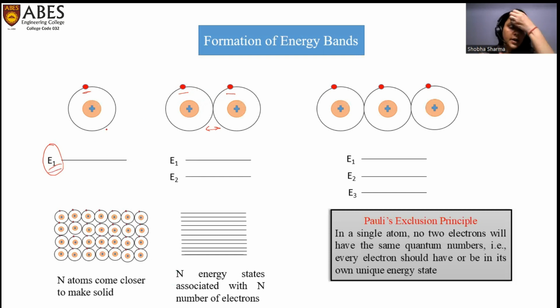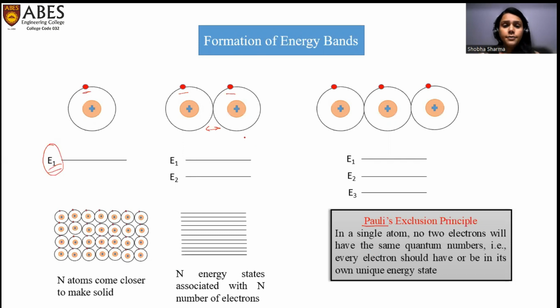But when we bring these two atoms close to each other to form an interacting system, then according to Pauli's exclusion principle, which says that no two electrons will have the same quantum numbers, every electron should be in its own unique energy state.